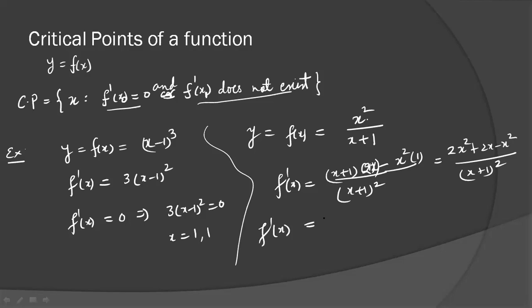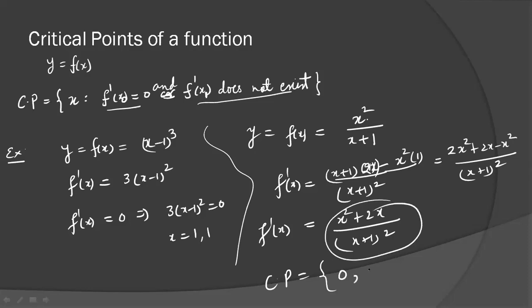So f'(x) equal to (x square plus 2x) over (x plus 1) whole square. So what will be the critical points? The derivative is equal to 0 at 0 and minus 2, and the derivative is not defined at minus 1. So minus 1 is also a critical point. So this is the definition of critical point, and these are some examples.